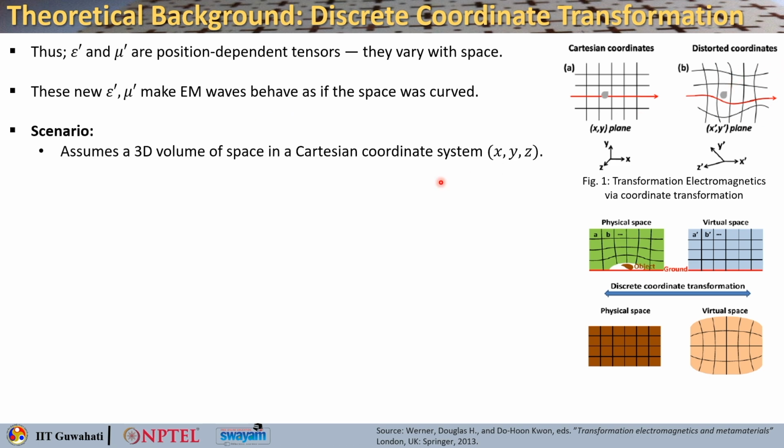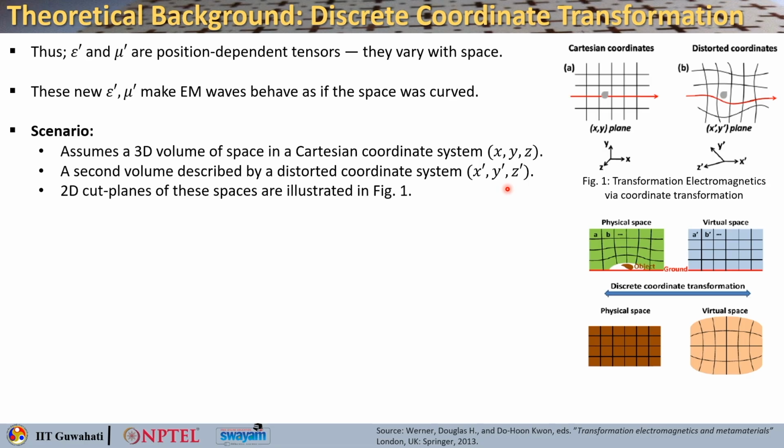You can assume scenarios like a 3D volume of space in the Cartesian coordinate system, and then think of a second volume given by this distorted coordinate system, from which you can take 2D cut planes that look like this particular figure.